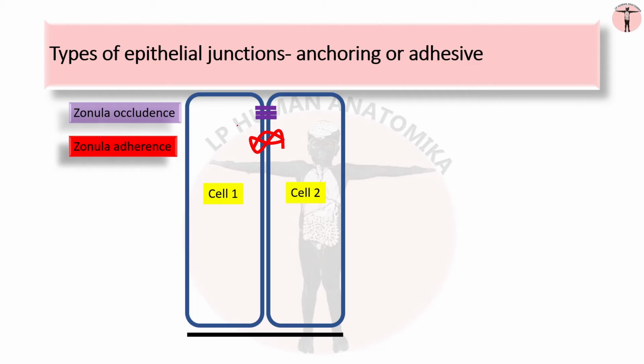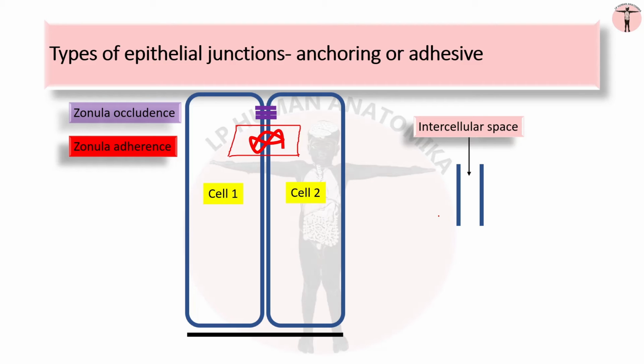We will look into only this part of the junction, the cell membranes where the zonula adherens is present. You can see 2 adjacent cell membranes and the intercellular space between the 2 membranes. On either side is the cytoplasm inside cell 1 and cell 2.